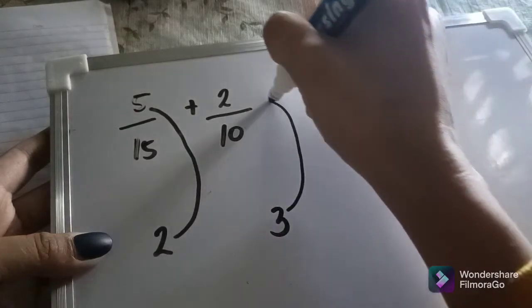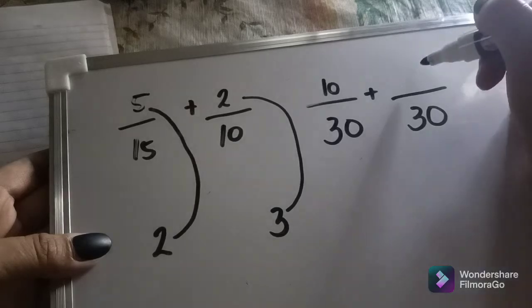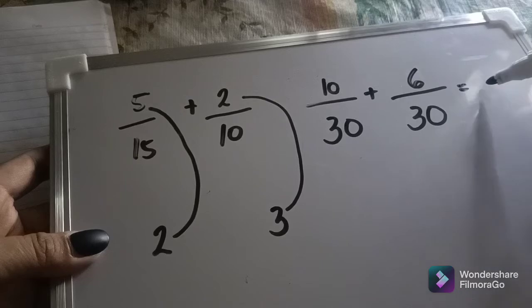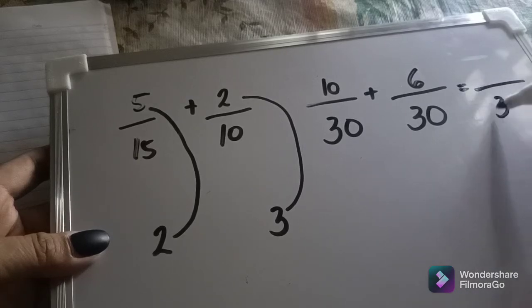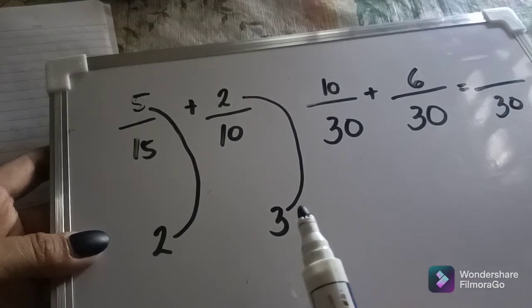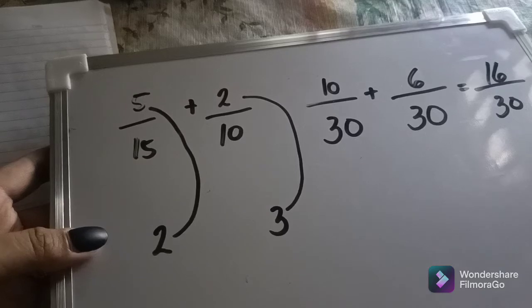And so we have to multiply it with that. So 3 times 2, 6. Now we can proceed to addition. Okay, we're gonna add this like, okay, 30, and then 10 plus 6, 16. Okay, so that is our answer.